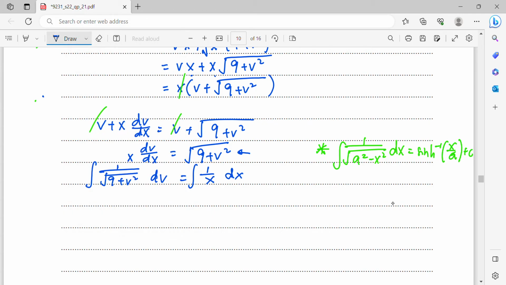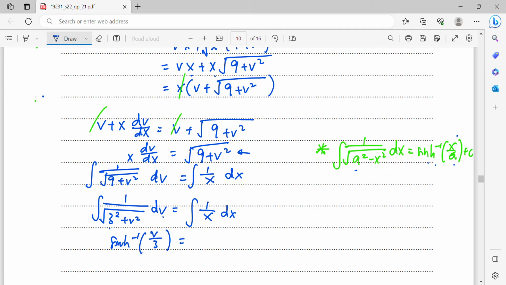If you want to see clearly, I will change to integrate 1 over square root 3 squared plus v squared dv equals integrate 1 over x dx. So obviously now your a is 3. That means I'm getting arc sine v over 3 because I'm integrating with respect to v. So left hand side is arc sine v over 3. Now for the right hand side, when you integrate 1 over x, that is the ln. So ln x plus c.